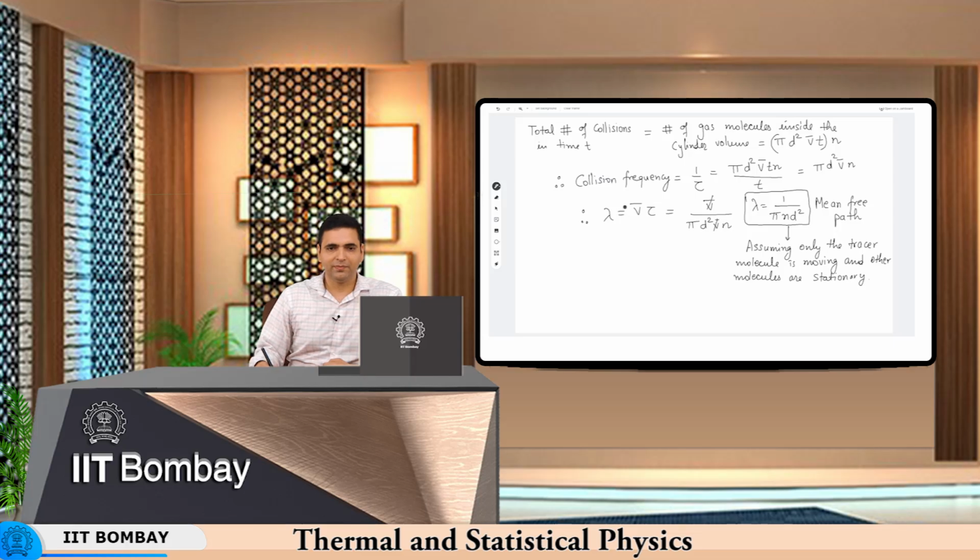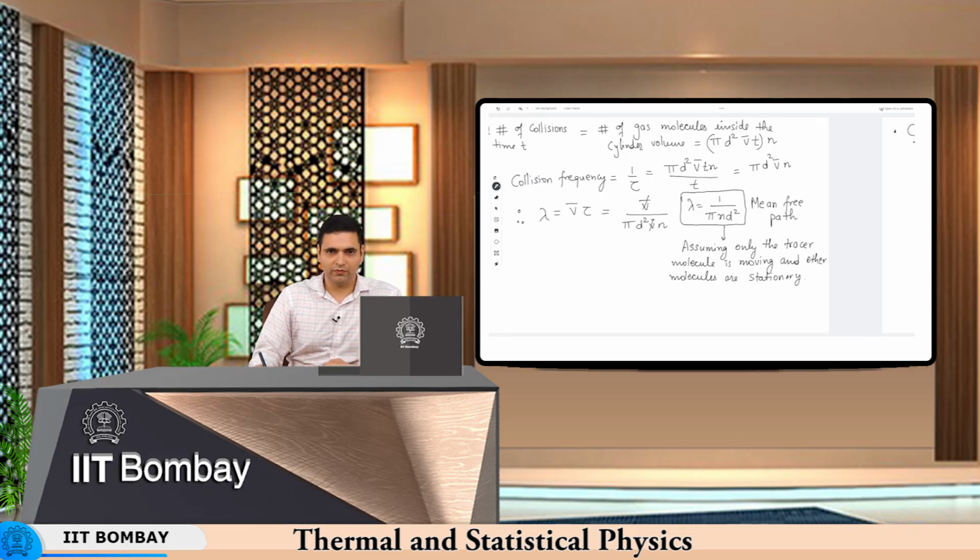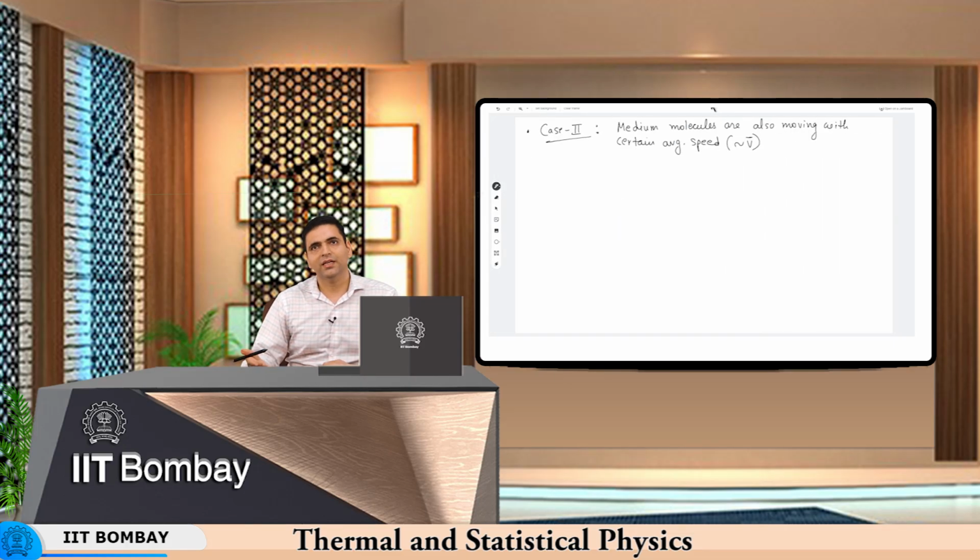So, it is the same as the speed with which the tracer particle was moving. You can take it as V RMS or V most probable or average speed that we calculated in the class before, it does not really matter.